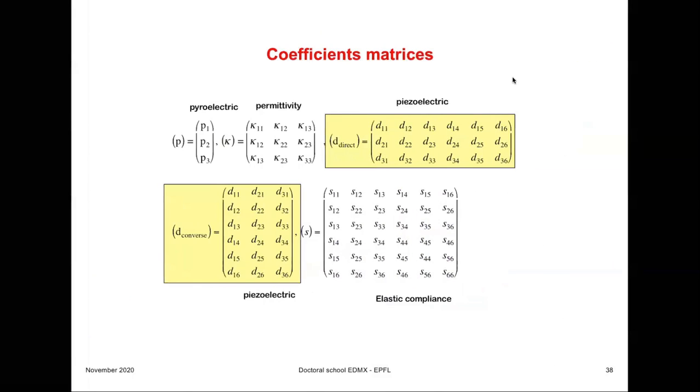Okay, so these coefficients can be written in this format, in a matrix form. Remember, these are not tensors, these are now matrices. k is still a tensor. This is the pyroelectric coefficient vector, sorry, it's the dependence of polarization on temperature.